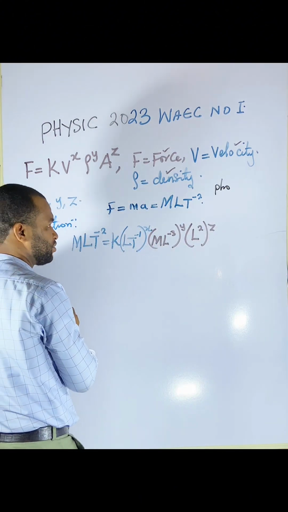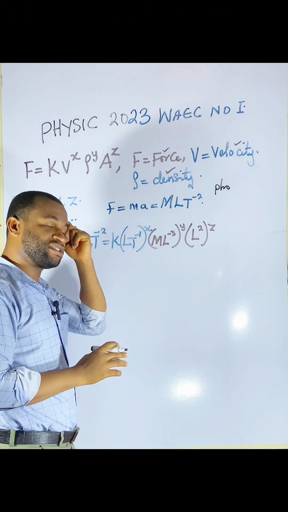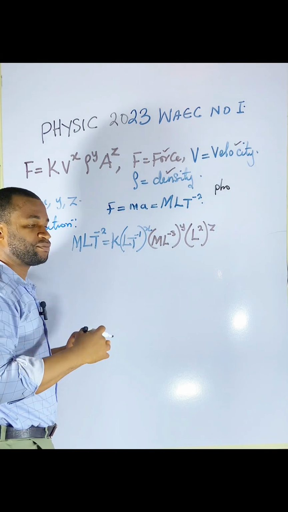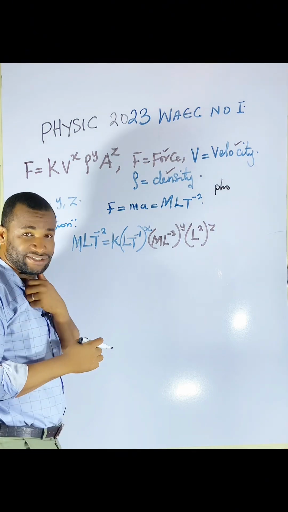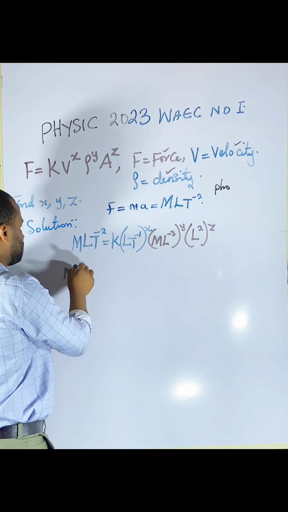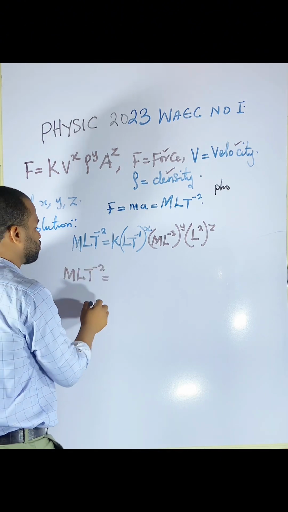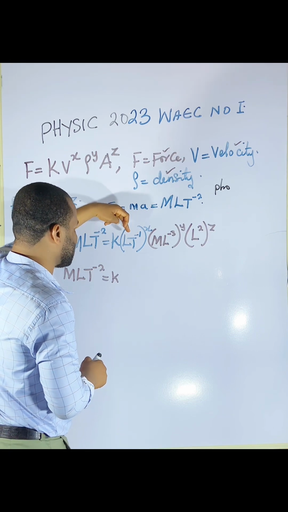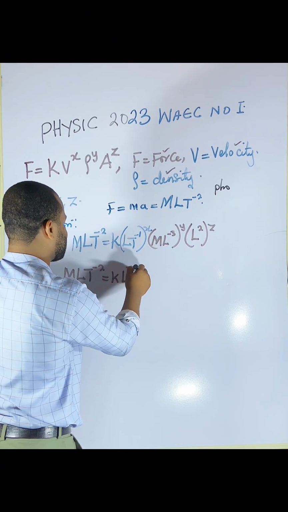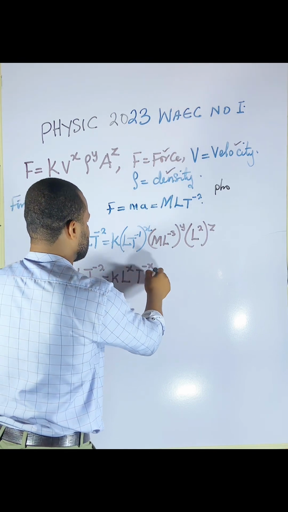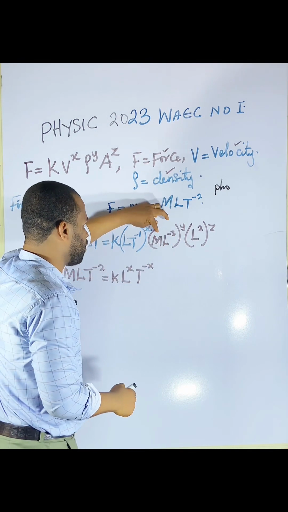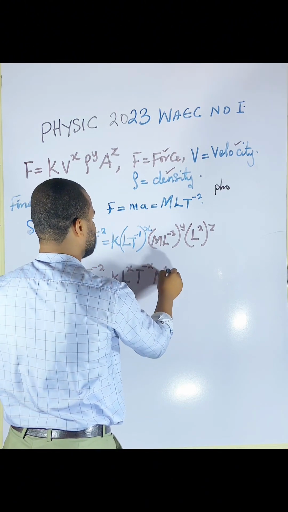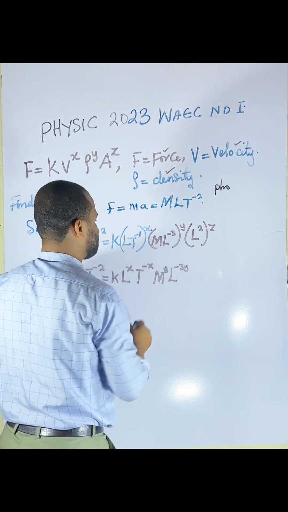Now, these are all the dimensions, so I'm going to do the simple mathematics. I'm going to open all these according to the principle of indices. So I'll have MLT^-2 equal to K, then L^x T^-x. The y is distributed to the powers of M and L, so this is M^y and L^-3y.